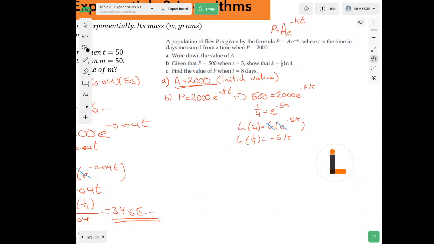I'm going to stop this question here and go back to part A. Part A says t is the time measured from the point P is equal to 2000. So when t equals 0, P is equal to 2000. So we get P is equal to A e to the 0. That just goes to 1. And if P is 2000 when t is equal to 0, then A must equal 2000. So that's where that comes from, the initial value.